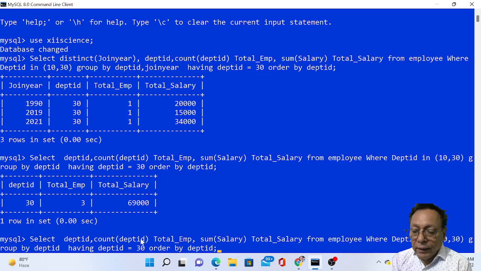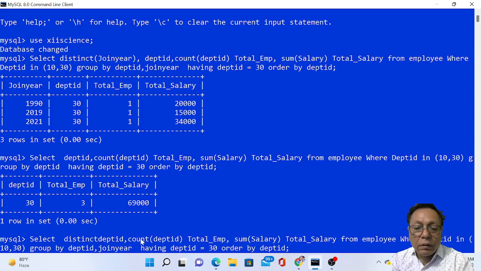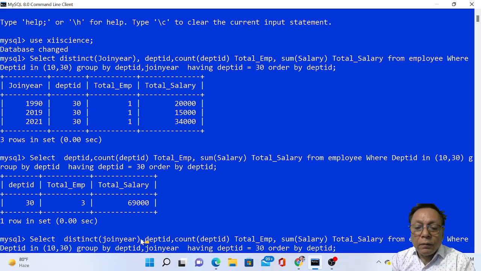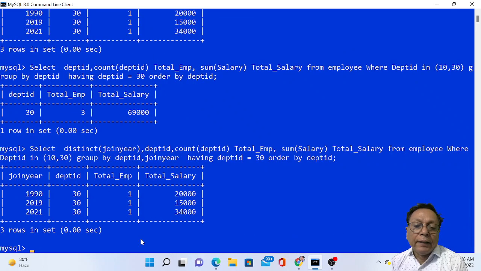So if I again add the distinct join year, then the output would be like this. In 1990, only one employee joined, in 2019 one employee joined, and in 2021 only one employee joined in department 30.